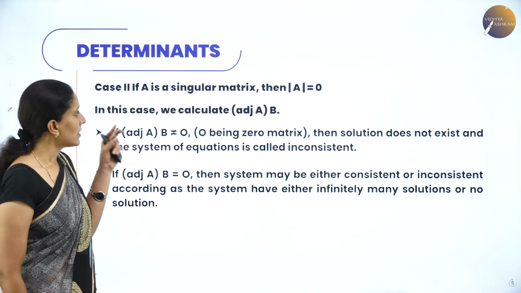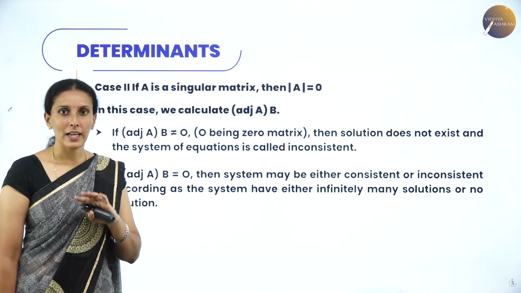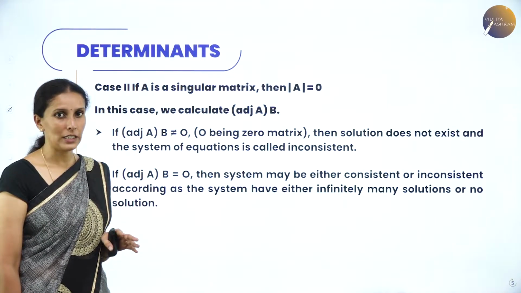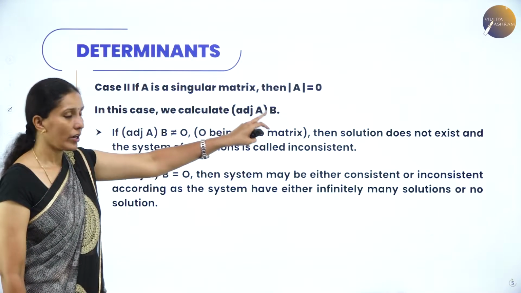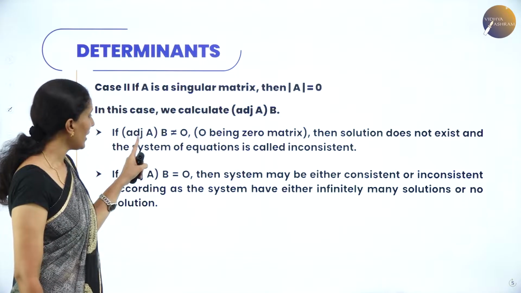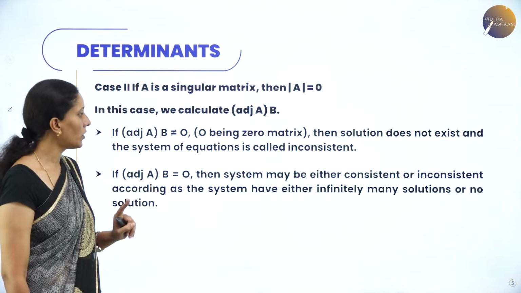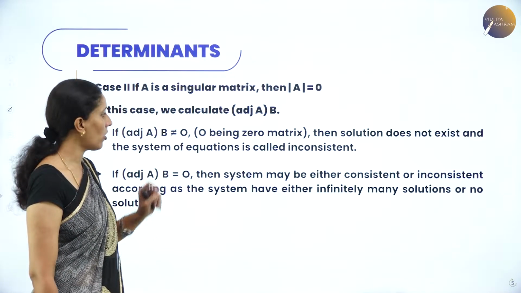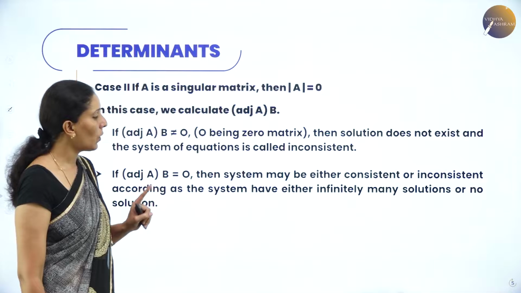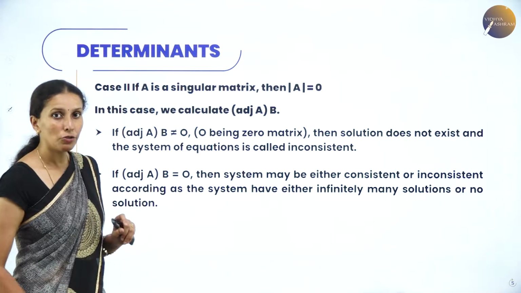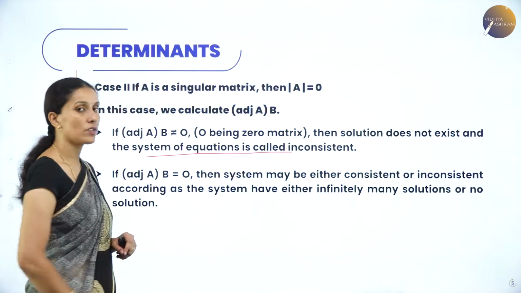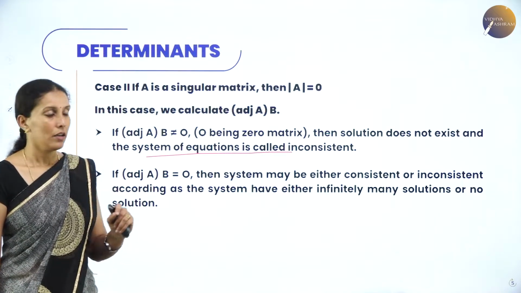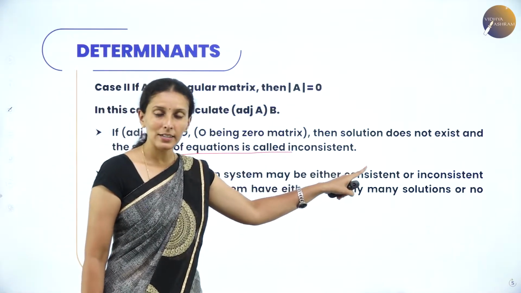Now here, suppose it is a singular matrix, then determinant A will clearly be 0. Then how to find out the solution? We have to find out adj A into B. If adj A into B is not equal to O, that is, if it is not equal to the null matrix, then the solution does not exist and the system of linear equations is called inconsistent.